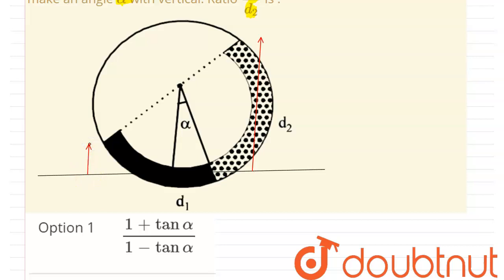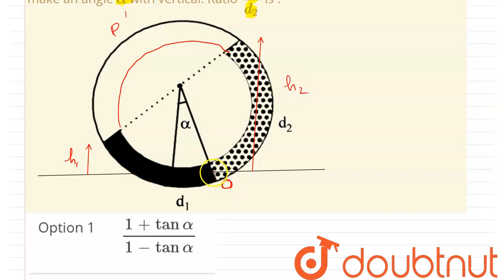So if I take 2 points, let's suppose this point is O and this is a complete tube. Let's suppose here the pressure is P dash and here the pressure is P naught. In the two liquids, in the dark liquid I am going H1 height above, and in this dotted liquid I am going this H2 height above, right?